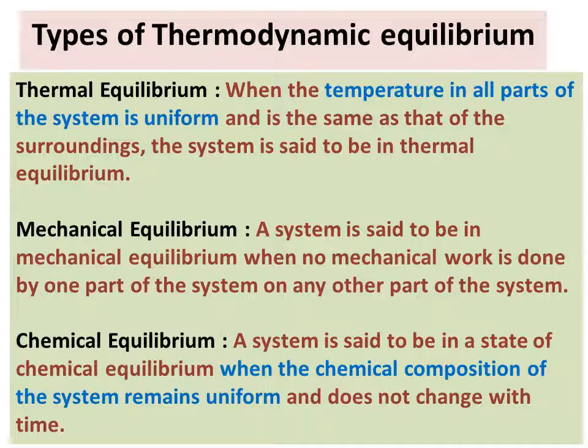Another kind of equilibrium is mechanical equilibrium. A system is said to be in mechanical equilibrium when no mechanical work is done by one part of the system on any other part of the system. Suppose I have a motorbike.